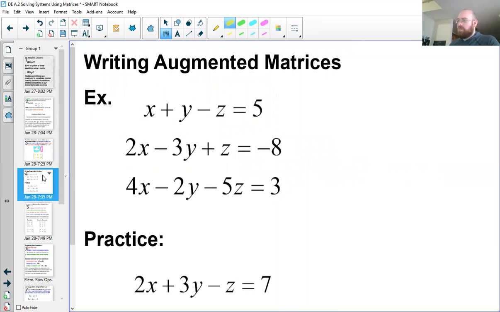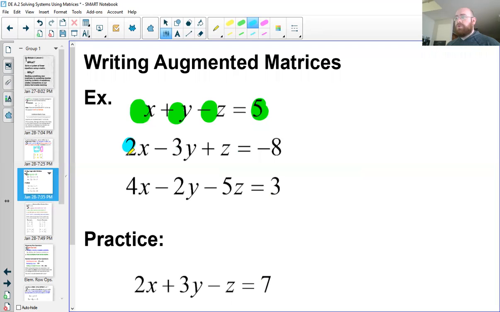So the first example, and I'm going to use some color coding before I write things down. We want to write an augmented matrix. We're given 3 equations. We have 1x plus 1y minus 1z equals 5.